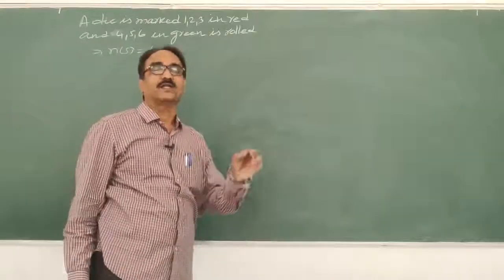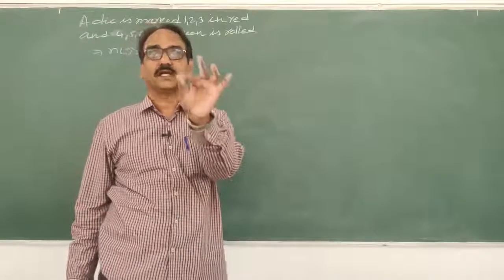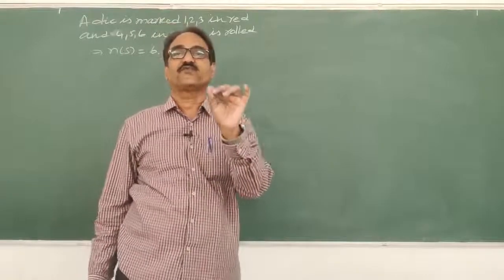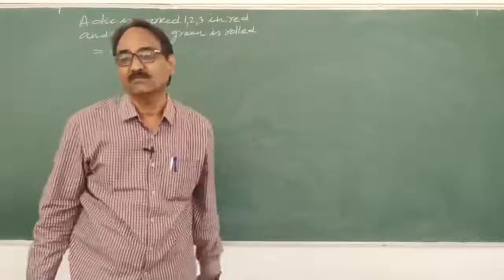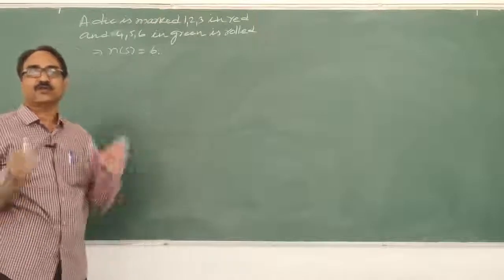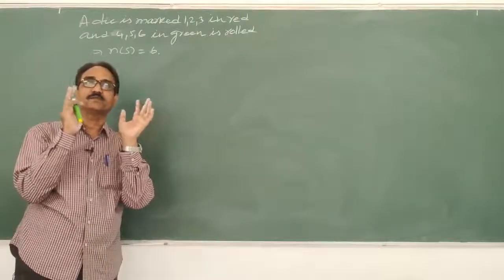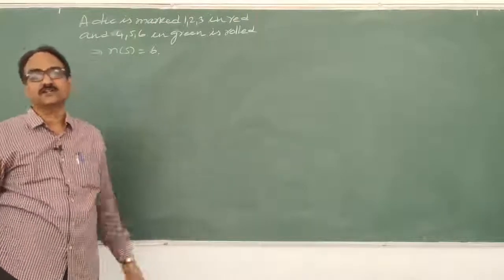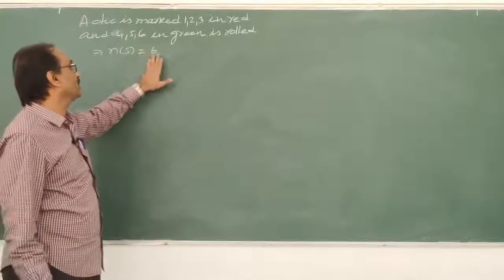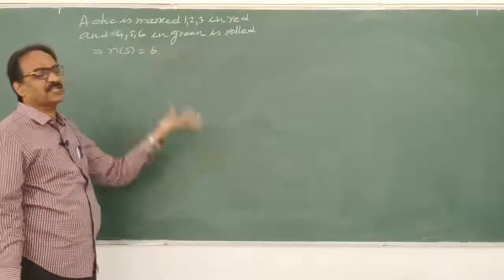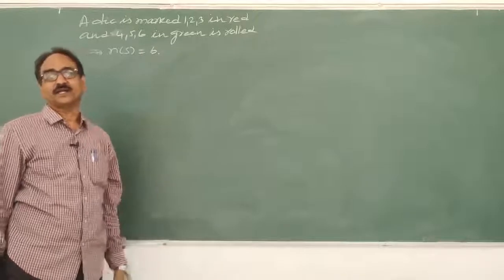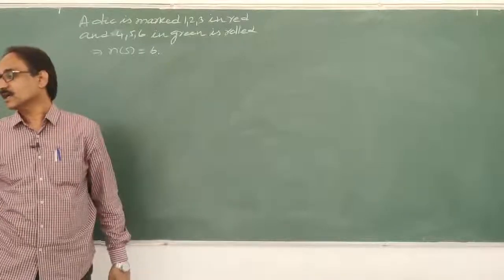In that 6, the numbers 1, 2, 3 are marked with red color and 4, 5, 6 are marked with green color. We need not worry about it. Keep in your mind that 1, 2, 3 are red and 4, 5, 6 are green.